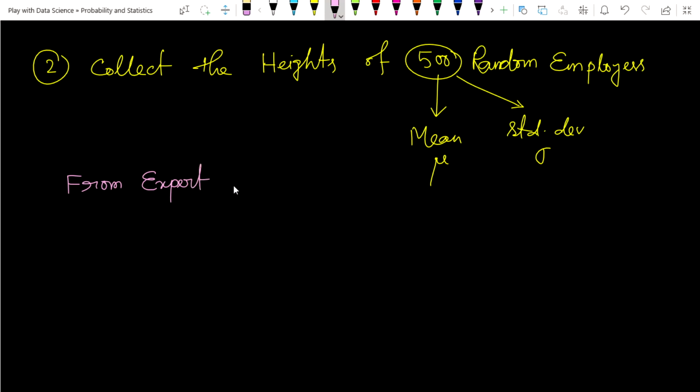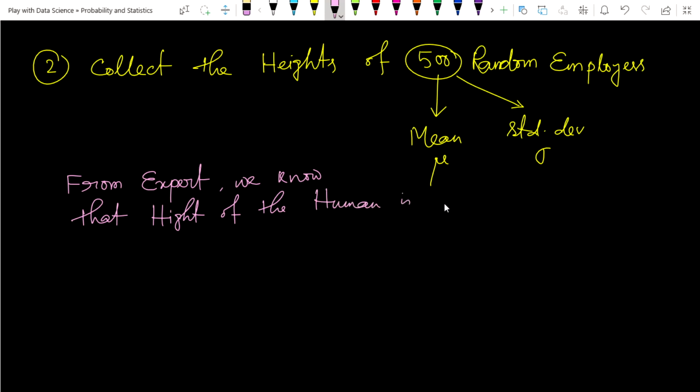from the expert, we know that the height of a human is normally distributed.